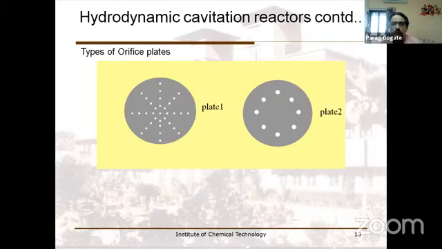What is going to differ is your perimeter as compared to flow area. Now, flow area is going to decide your intensity of cavitation, and your perimeter is also going to decide the active cavitational zone which is going to be formed. So again, a balance can be made, but whatever experiments we have done are mostly based on circular holes.